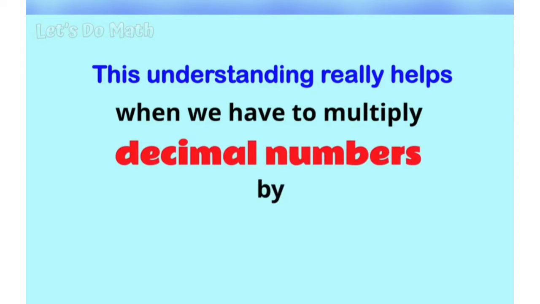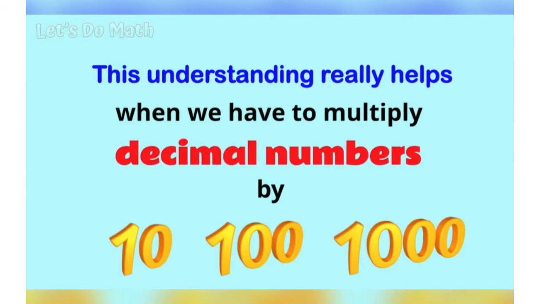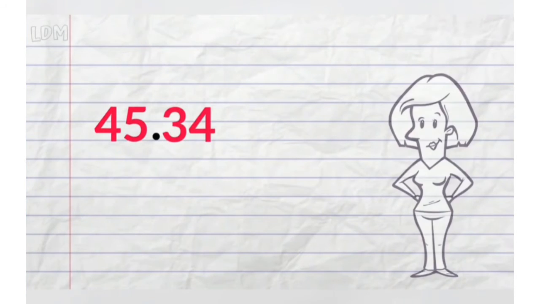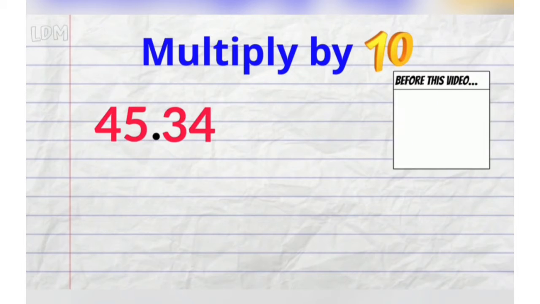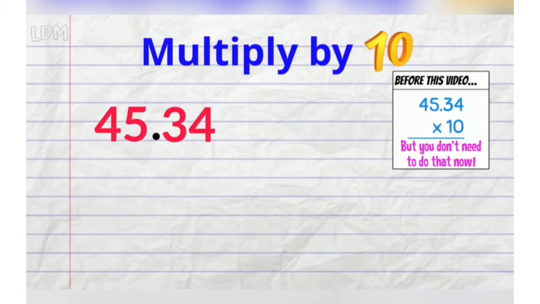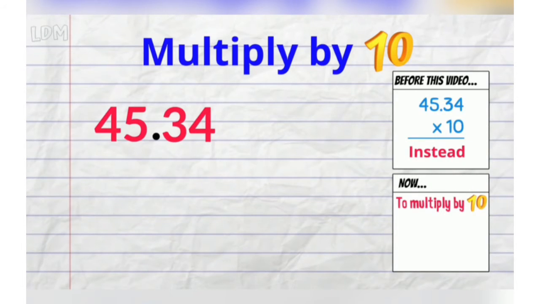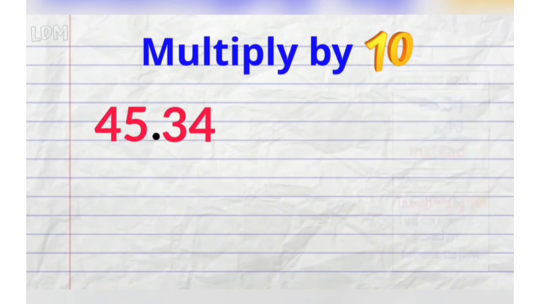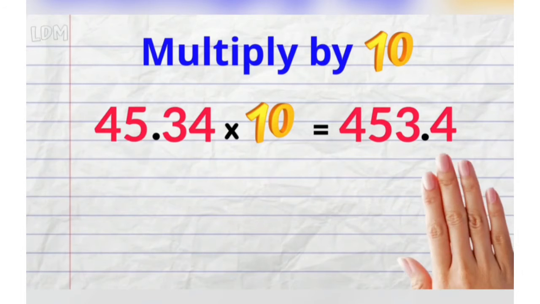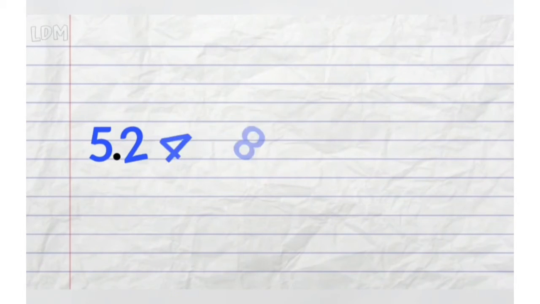Now we are going to look at more examples. This time around we are going to multiply 45.34 by 10. We shift the decimal point to the right when multiplying by multiples of 10. All we need to do is check how many zeros we have. It is just 1, so we shift the decimal point by 1.